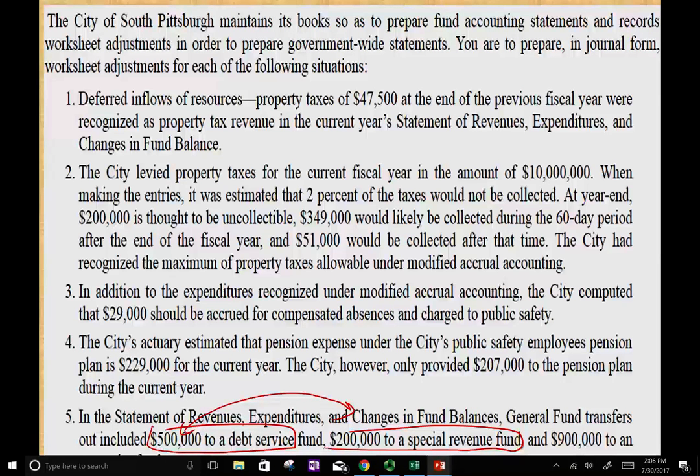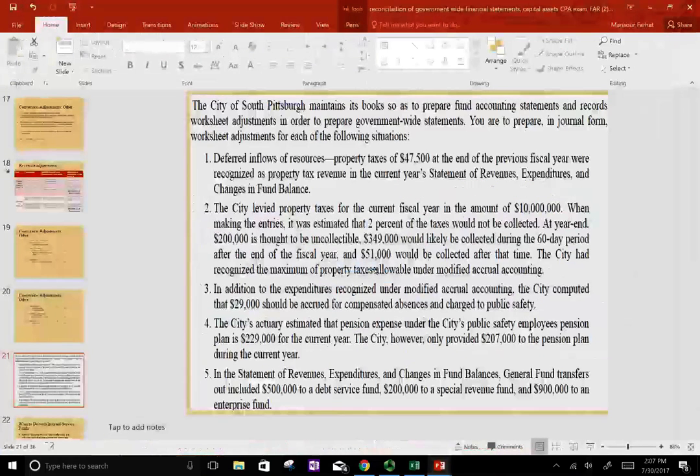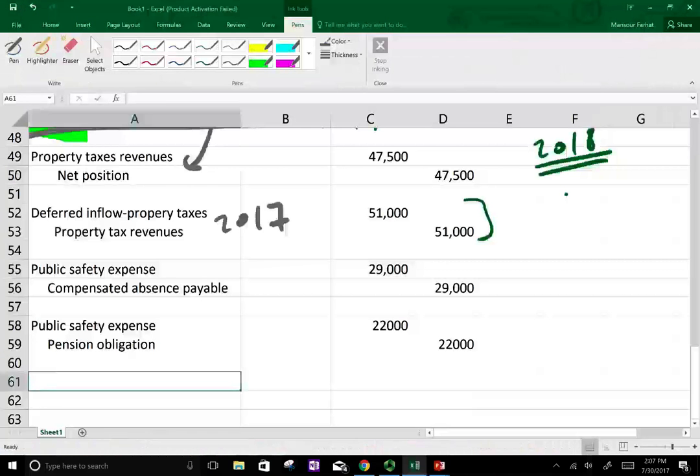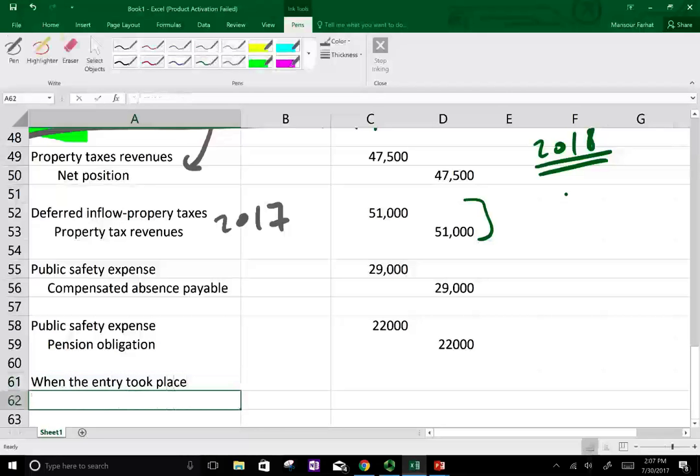Now we have to cancel the effect of this. Because they transferred $700,000 out, we have to cancel it. Let's look at the entry when they transferred it out. When the original entry took place, here's what the general fund did.